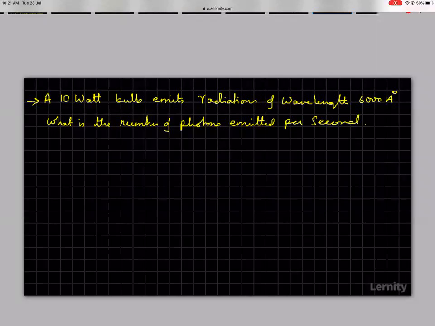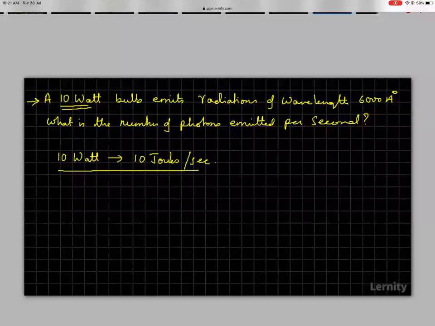So let's understand, what does 10 watt mean? 10 watt means 10 joules per second. Now the radiation is 6000 angstrom units.